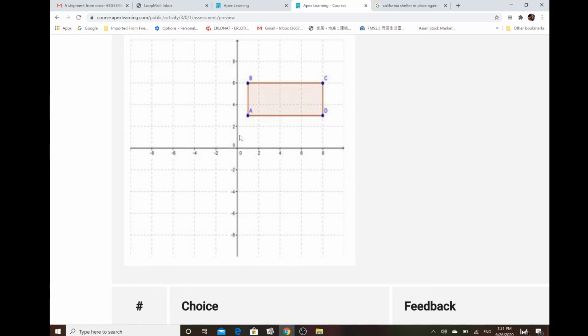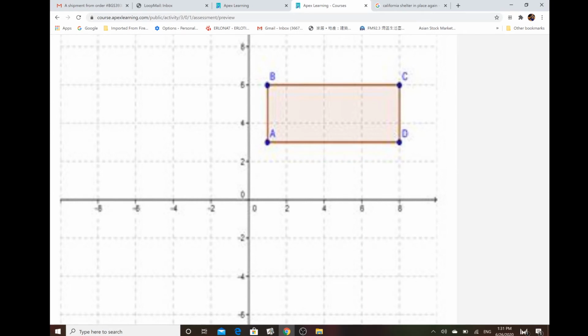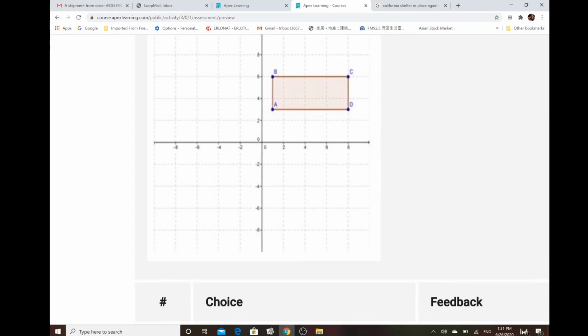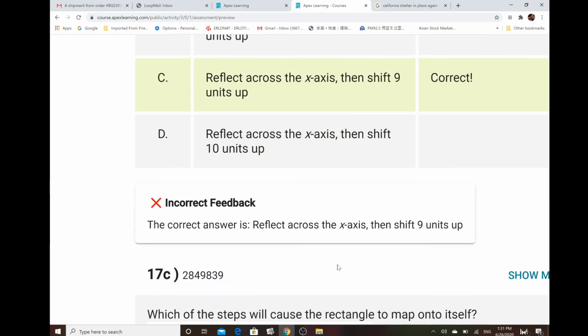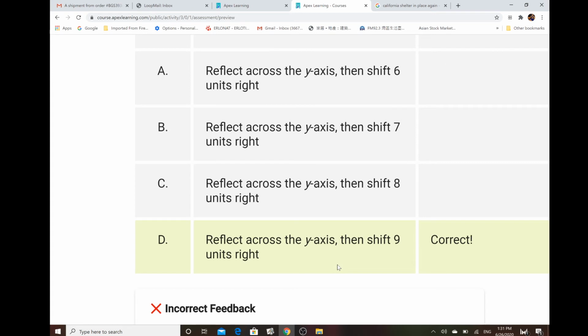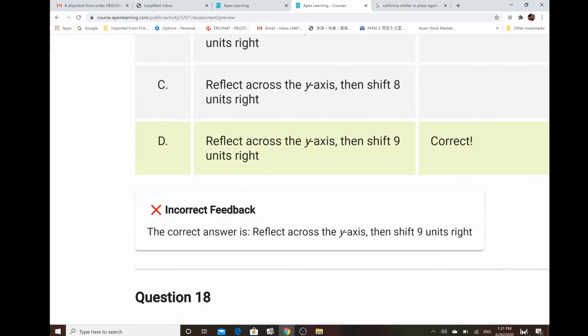So this one is supposed to be 2, 4, 6, and then 8. It's hard to read that. And here's another one. You want to find another one that makes sense. Reflect across the y-axis and then shift 9 units to the right. And then you end up with the exact same image.